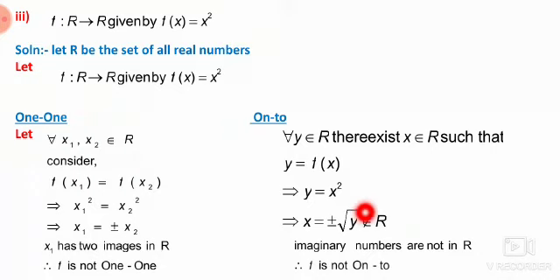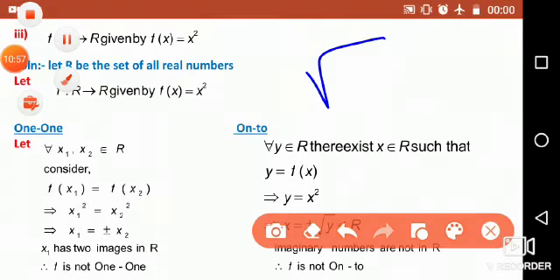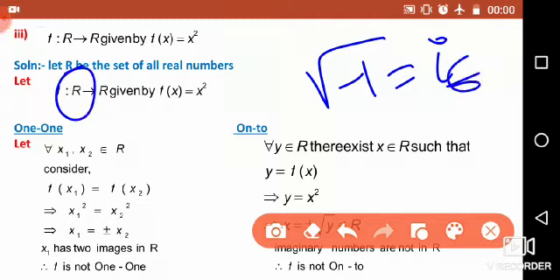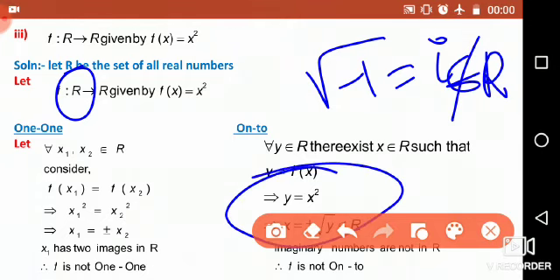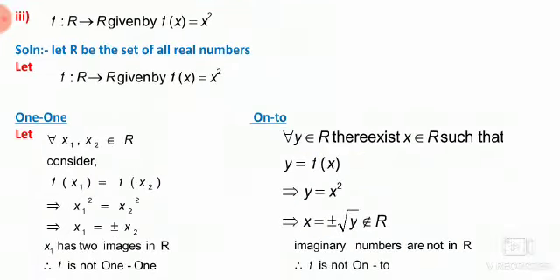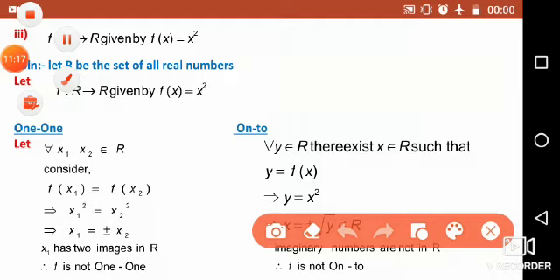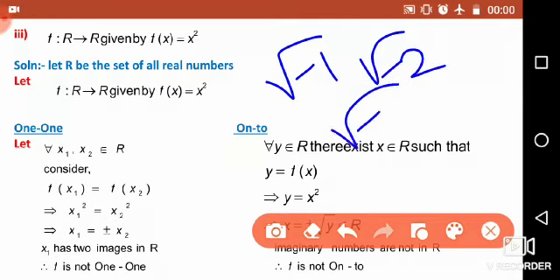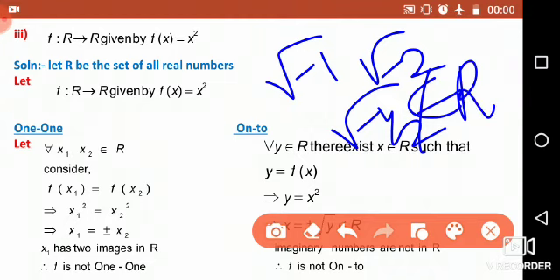If I take y as -1, root of -1 is a complex number. We have seen that the root of a negative number is always a complex number, but the given domain is the set of real numbers, so it does not belong to R. Therefore, like root of -1, root of -2, root of -1/2, these are not there in the domain R. That's why for some values of y, there is no pre-image in the domain.